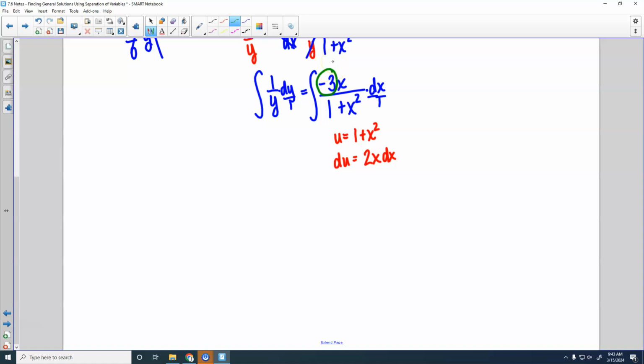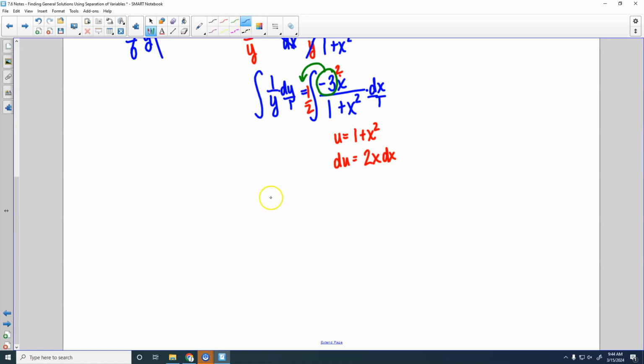I could multiply by negative 2/3, or I could just pull it out front. Either way you want to think of it will work fine there. If I pull that out front, I still have to multiply by a 2 on the inside and a 1/2 on the outside, which is multiplying by a negative 3/2, which also works. So it just depends on which way you want to think about it.